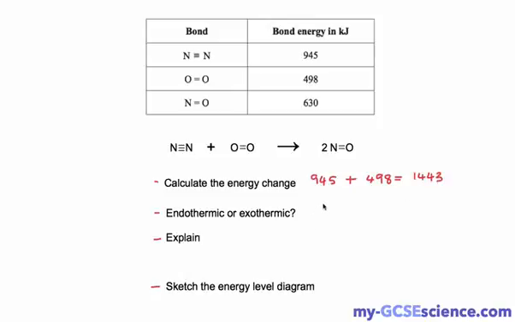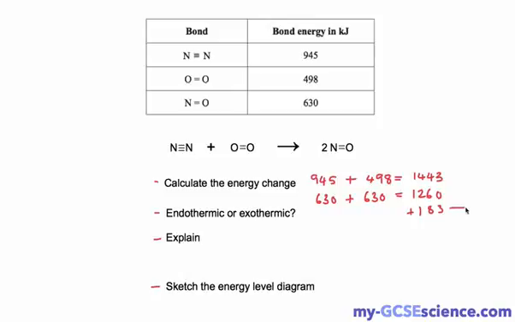In terms of the energy released from producing new bonds, that's 2 NO. For NO it's 630, but we have two molecules of NO, so it's 630 plus 630, and that gives us an answer of 1260. Is it endothermic or exothermic? If we subtract these two, we get an answer of 183, and that's a positive value.